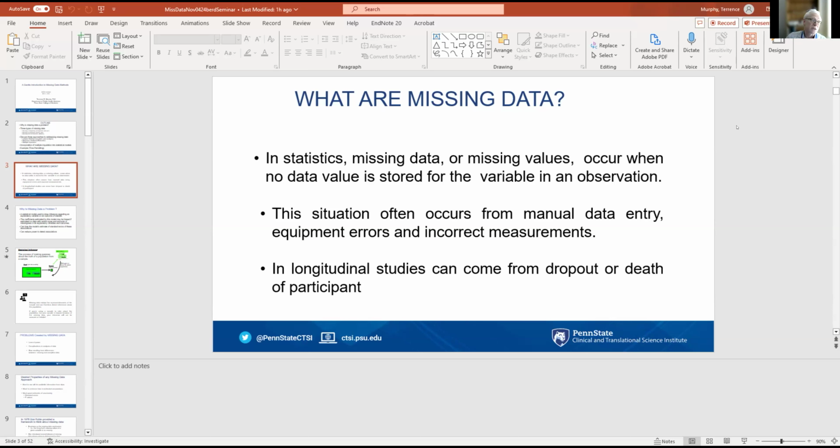In longitudinal studies, it often comes about from either dropout or death of the participant. And it turns out that if the reason they drop out or die along the way is correlated with the thing being measured, then that can be problematic.